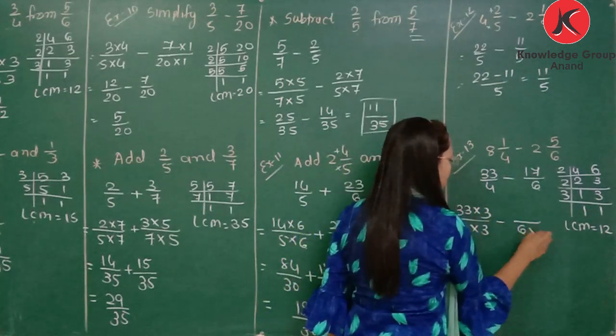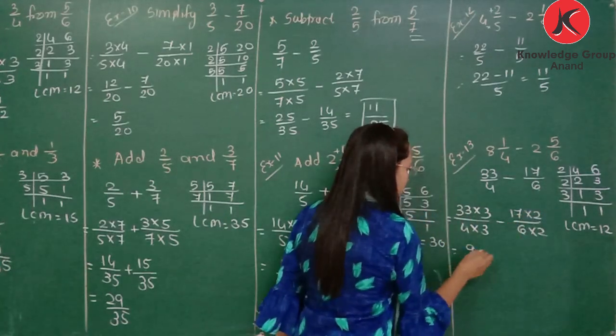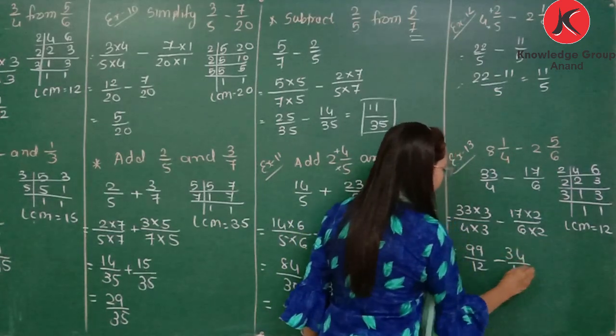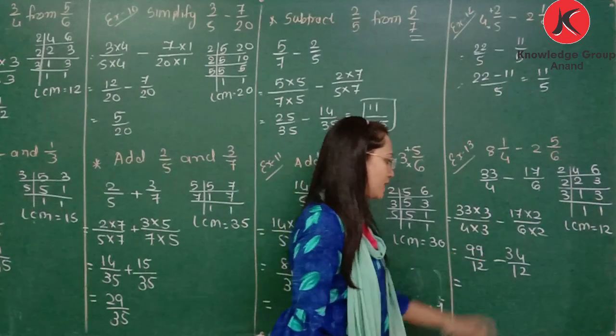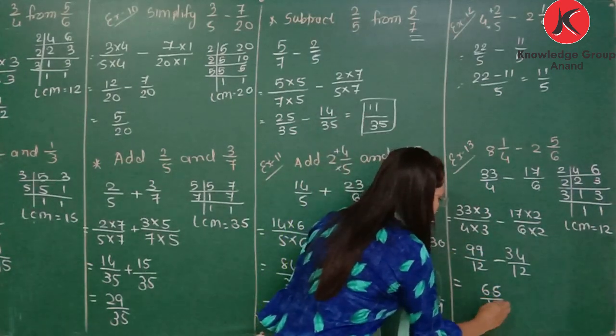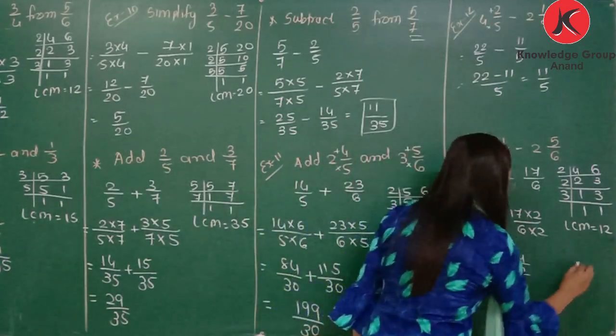And 6 is multiplied with 2, so the same in the numerator. So it is 99 by 12 minus 34 by 12. Now perform the subtraction of the numerators. 99 minus 34. So 65 by 12. Now convert this into a mixed fraction.